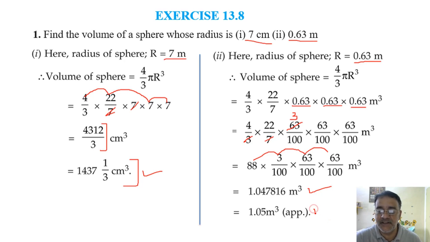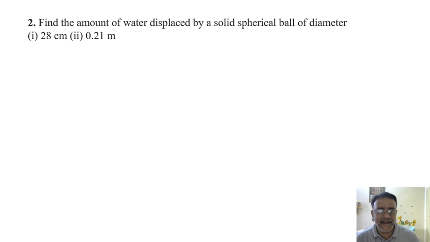Okay, any doubt in this question? No, sir. Okay, now the next question: find the amount of water displaced by a solid spherical ball of diameter. Amount of water displaced. I will explain the meaning of this. Suppose there is a cylindrical container, full of water. If I put one spherical ball in it, what will happen? Water will come out? Yes, sir.